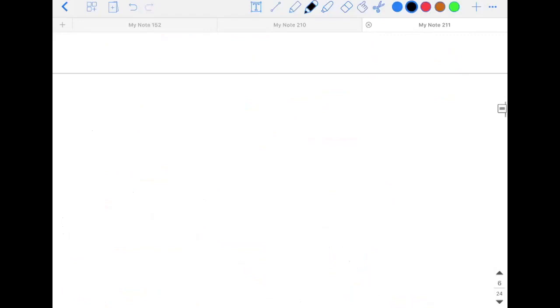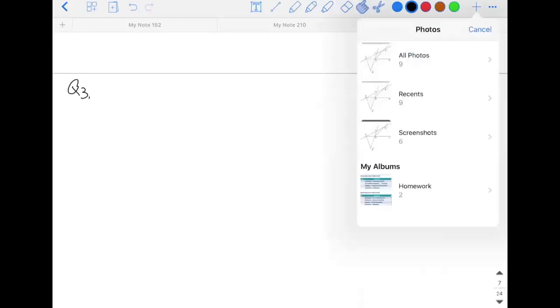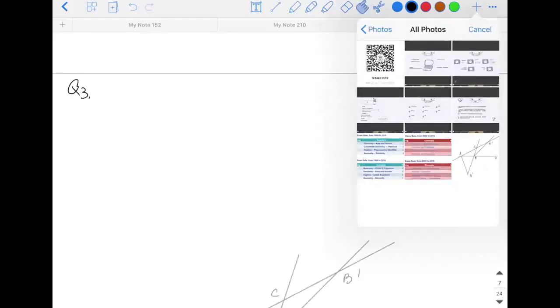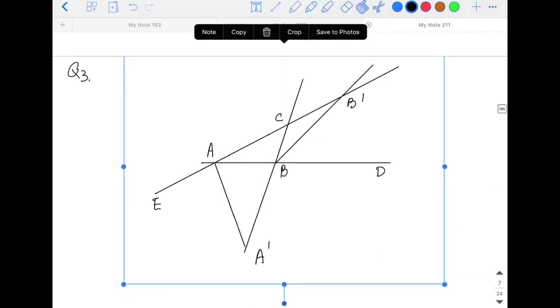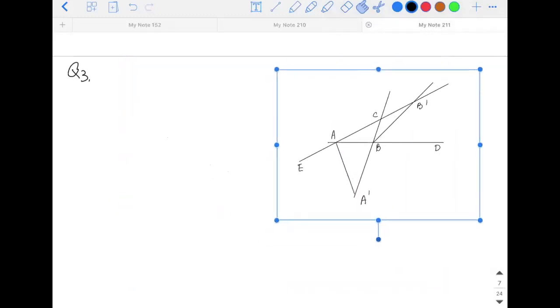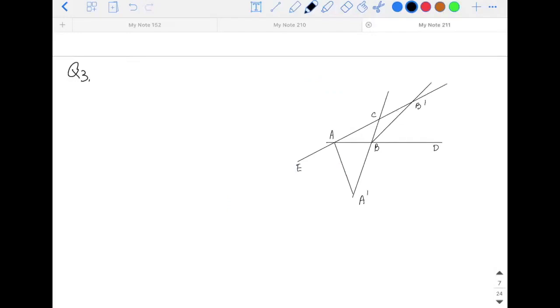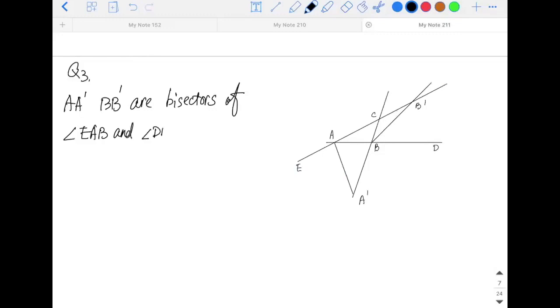Question 3. I have to drag the graph here. Yeah, we have a graph for this problem. I showed it before. AA prime and BB prime are bisectors of angle EAB and angle DBC.